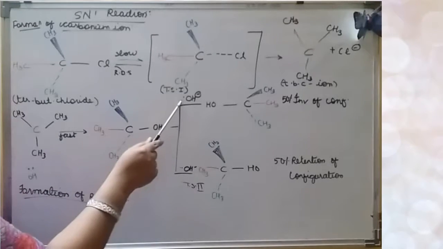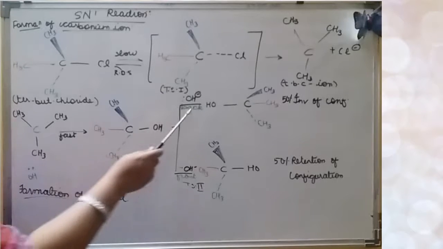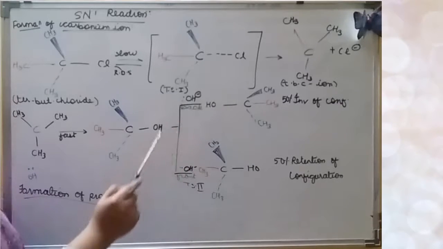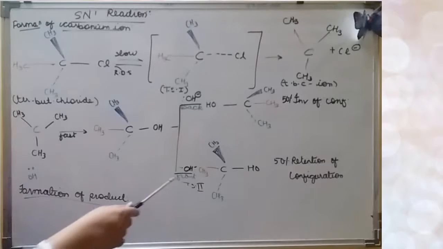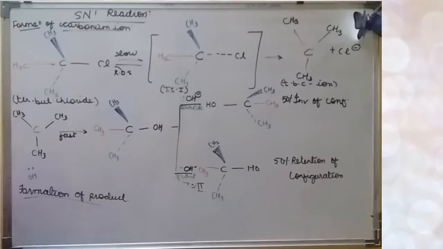This OH group can attack the carbonium ion from the back side or the front side. Back side attack and front side attack. When it attacks from the back, there will be 50% inversion of configuration. But when it attacks from the front, there will be 50% retention of configuration.